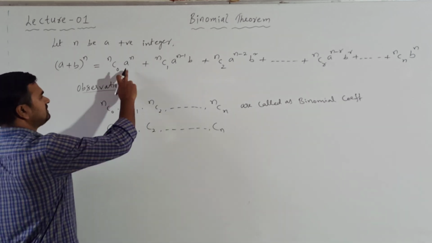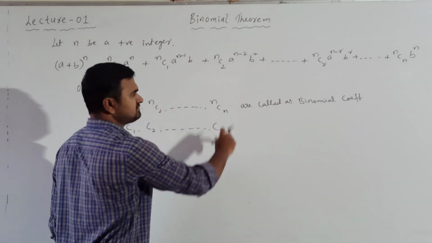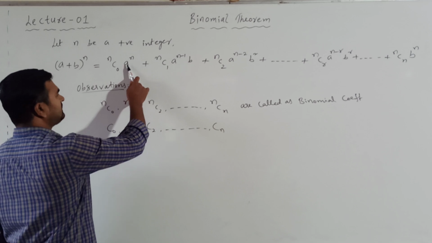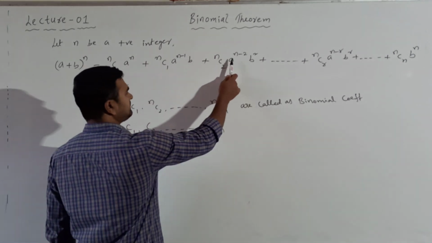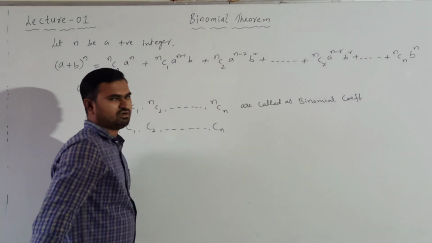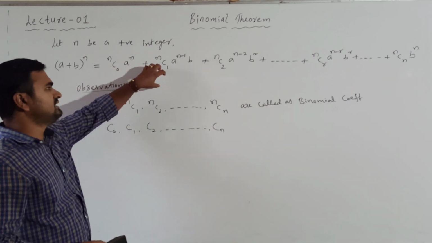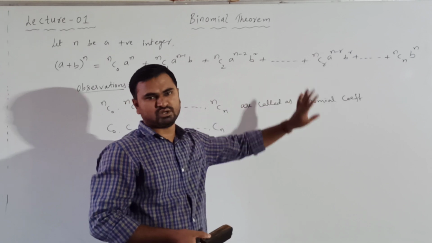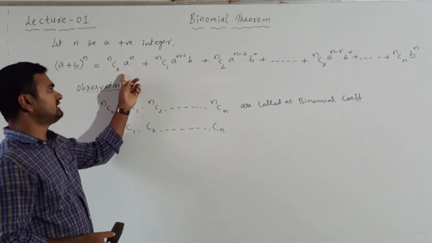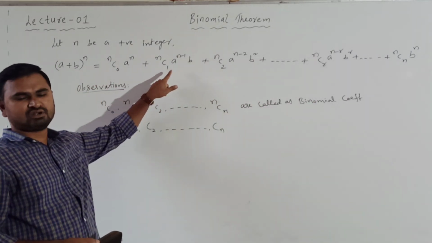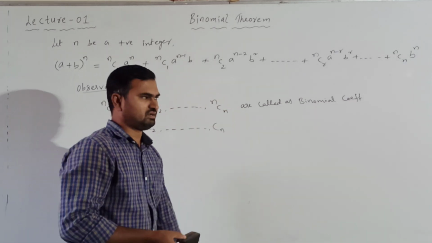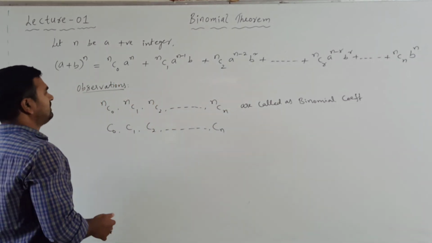Then in each of these terms, if you observe, the power of a keeps on reducing by 1, whereas the power of b increases by 1. That is one more observation.